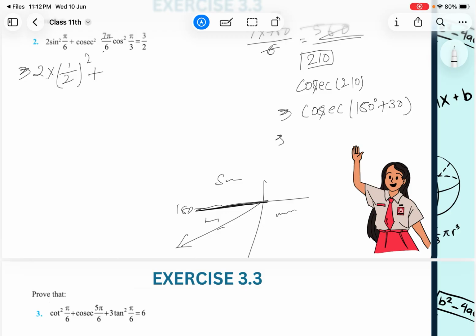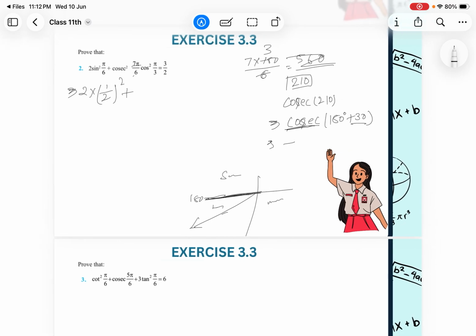So we have 210 degree, right? So 90, if we do it with 90, okay, so it will be minus whatever the value of cosec 30 degree. I don't think there is any other way to do it. 90 to 180 plus, yeah.